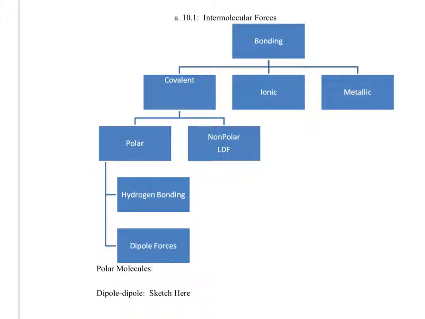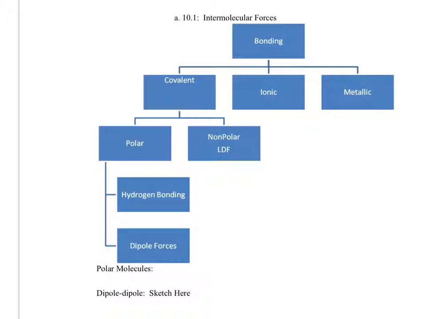So this lesson is on Chapter 10, and it's kind of weird because we talk about Chapter 10 after we talk about Chapter 8 and 9, which is bonding and molecular geometry, and we kind of talked about some of these things as we were going through it. So this is going to put everything all together. We're going to start with intermolecular forces, and to do that we need to review bonding, which we just spent 2 chapters on.